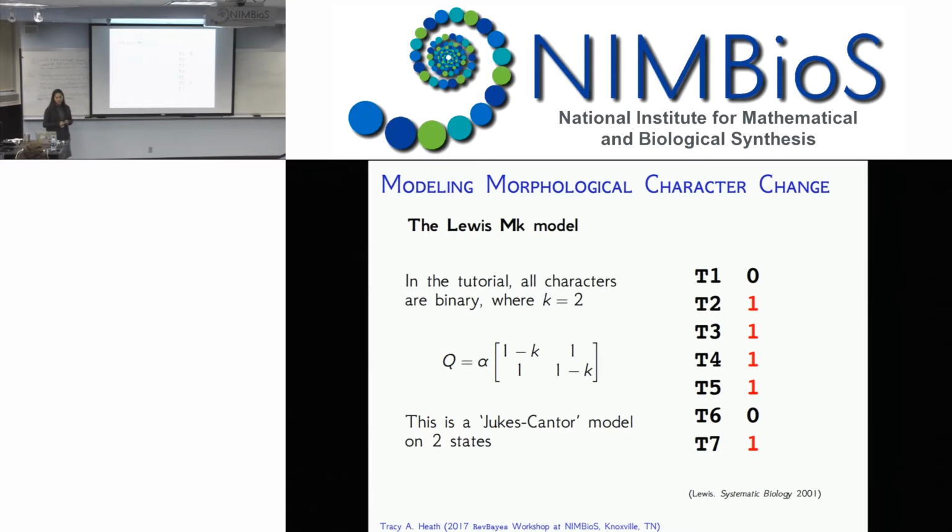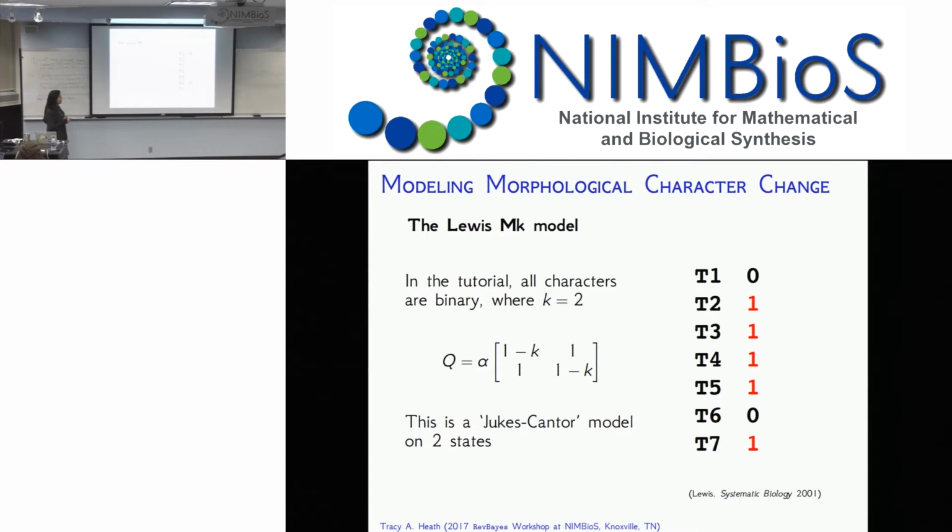With morphological character data, there are also other issues. Say one character is the presence or absence of a third scute on your turtle shell, and another character represents a certain shape of shell. They're both going to be coded as 0 to 1.